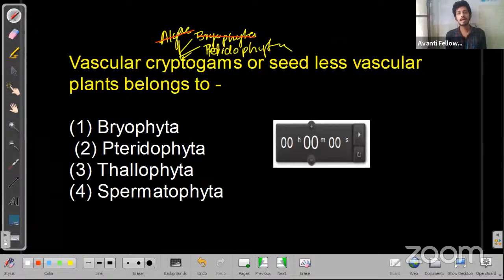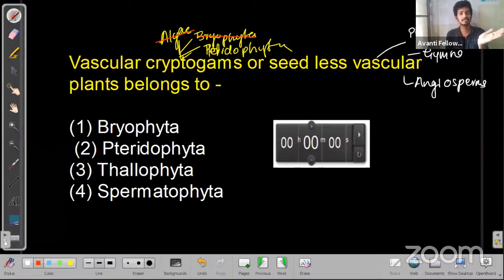Okay. We will come to here. So here, how can we answer using this particular word? They are asking about vascular plants. So what are the vascular plants? Pteridophytes. Yes. And gymnosperms and angiosperms, right? Correct. So these are the vascular plants. Then they are asking about seedless vascular plants.